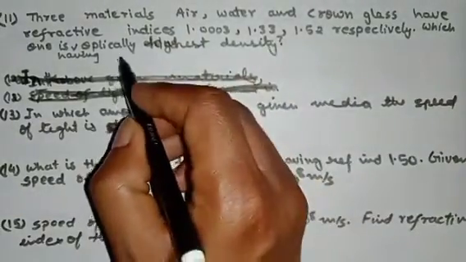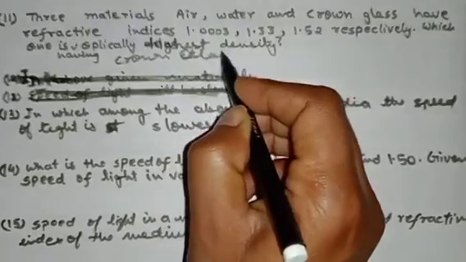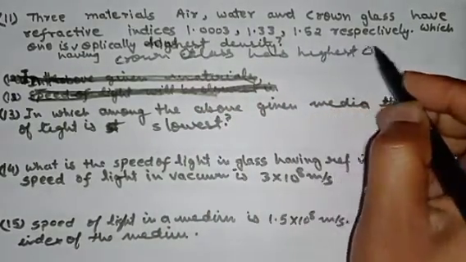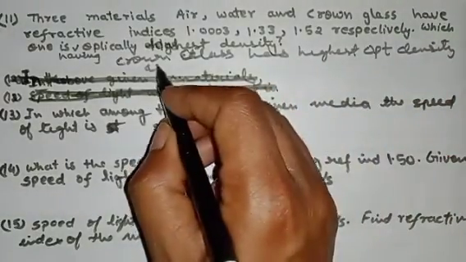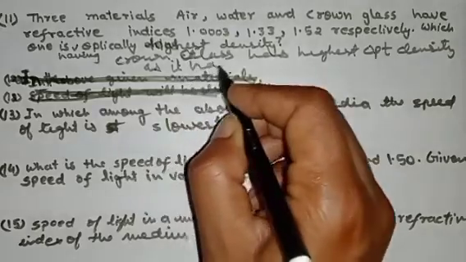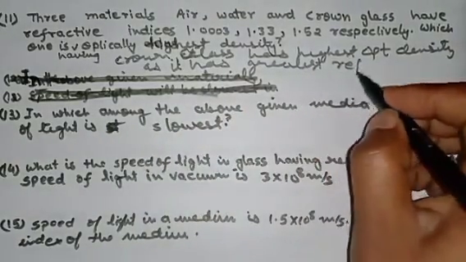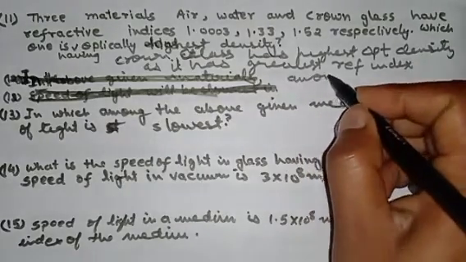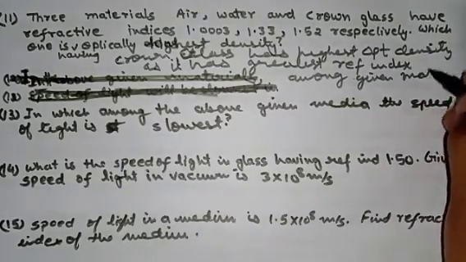So crown glass has highest optical density, as it has greatest refractive index among the given materials.